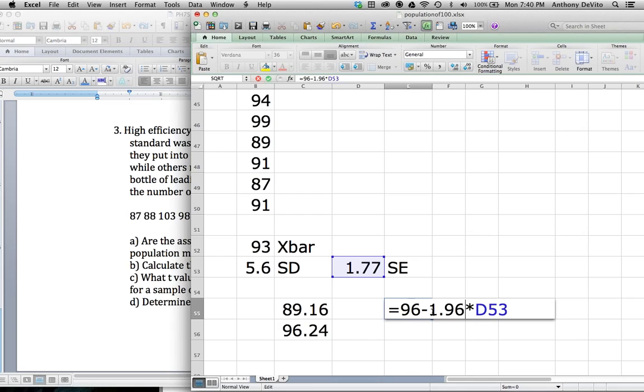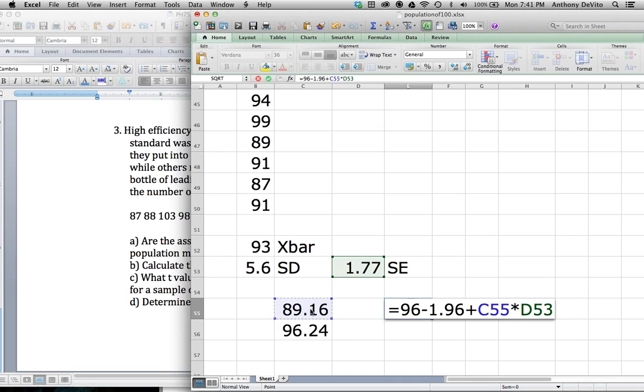The other cheat I did was, in order to calculate standard error, I used my sample standard deviation instead of knowing the population standard deviation, right? So I have to accommodate for that extra level of uncertainty. If I don't, then I'm saying I'm 95% certain, but I really am not, right?